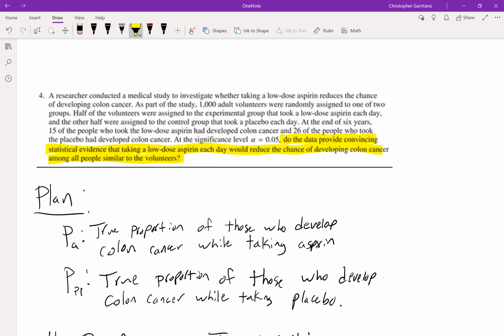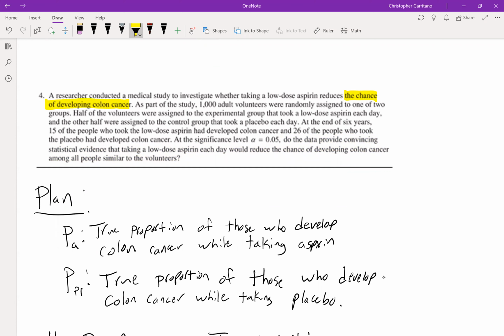But just a little of what goes through my mind when I'm trying to decide which procedure to use: the first thing I ask myself is, are we dealing with quantitative data or qualitative/categorical data?